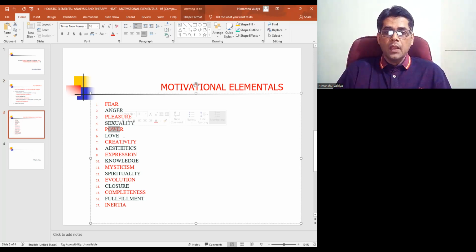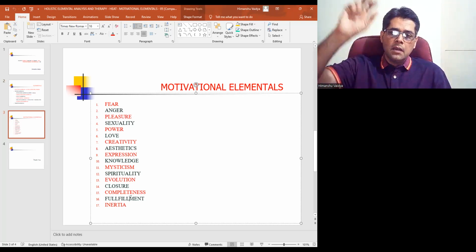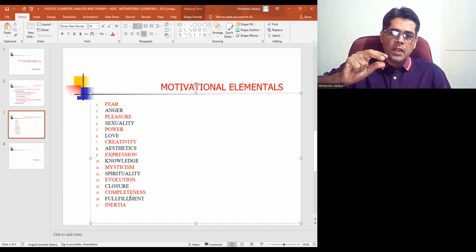One way to create a list of motivational elementals is to start with the Eastern model of chakras and start from the bottom. Muladhara, Swadhisthana, all the chakras, the earth center, the sexual center, the power center, and so on and so forth.